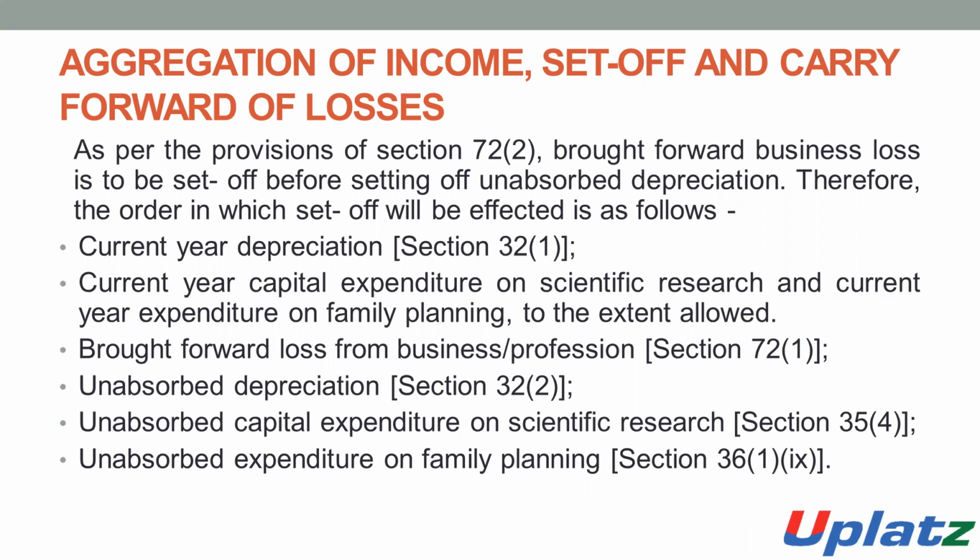Then we will set off brought forward losses from business and profession. Then unabsorbed depreciation, then unabsorbed capital expenditure on scientific research, and then unabsorbed expenditure on family planning. This is the sequence of set off.